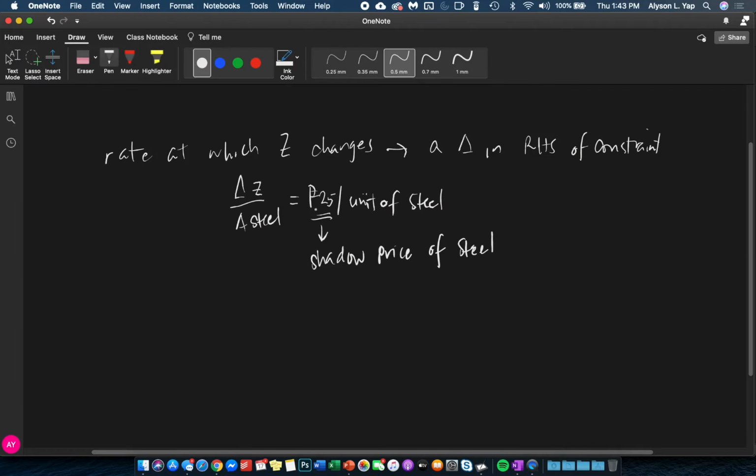And that essentially means if the shadow price is 25, z will increase by 25 if your steel increases by 1. And that is the shadow price.